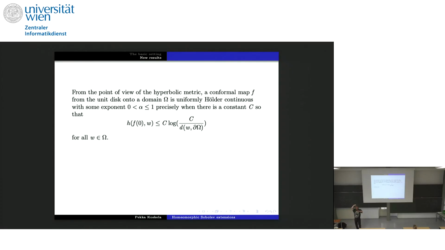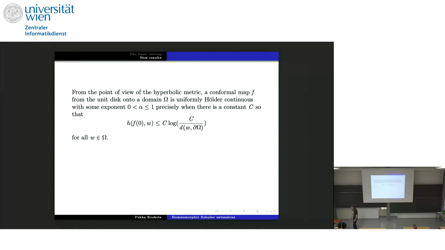Now think about the upper half plane. If the density is 1 over distance to the boundary, you get a log. So this is the best possible boundary you can have. It's only an issue of this constant in front of the logarithm. But this is equivalent with the uniform Hölder continuity of the conformal map, modulo the value of c and the exponent alpha in the uniform Hölder continuity.